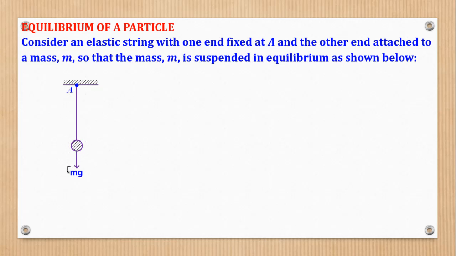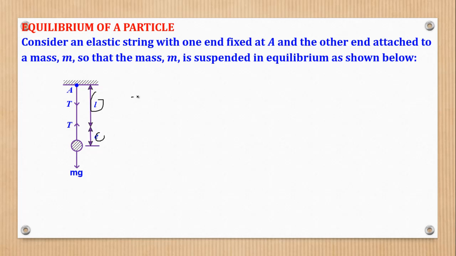Because of the weight, there will be tension in the string, and because there's tension, there must be an extension. I think you remember that when a string is at its original length, there is no tension. Tension only comes in when there is an extension.